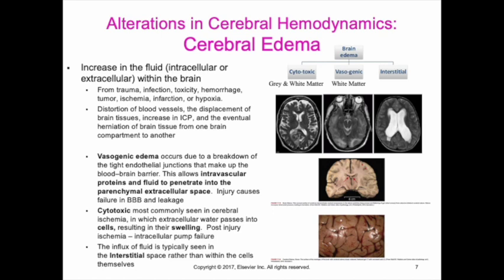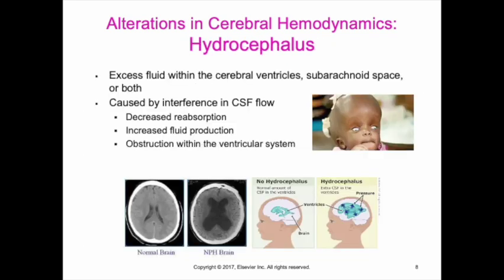Also worth noting is that cytotoxic cerebral edemas occur in the gray and white matter, whereas vasogenic only occurs in the white matter area of the brain. The term hydrocephalus refers to various types of conditions that are characterized by an excess of fluid within the cerebral ventricles.